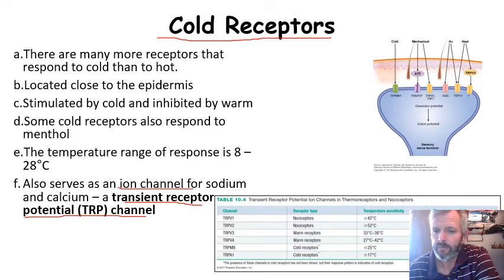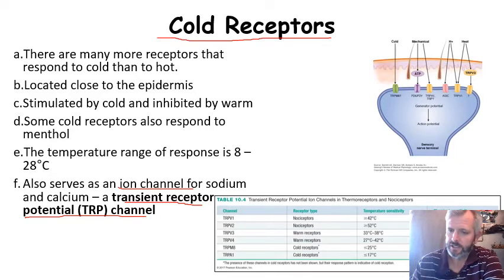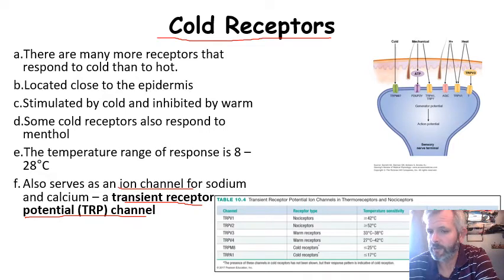So eliciting a response on these receptors allows sodium and calcium to move in. That depolarizes the cell, and if it's a strong enough signal, we get enough depolarization through these transient receptors. We can get a receptor or generator potential. That reaches threshold, and then the sensory neuron will fire.